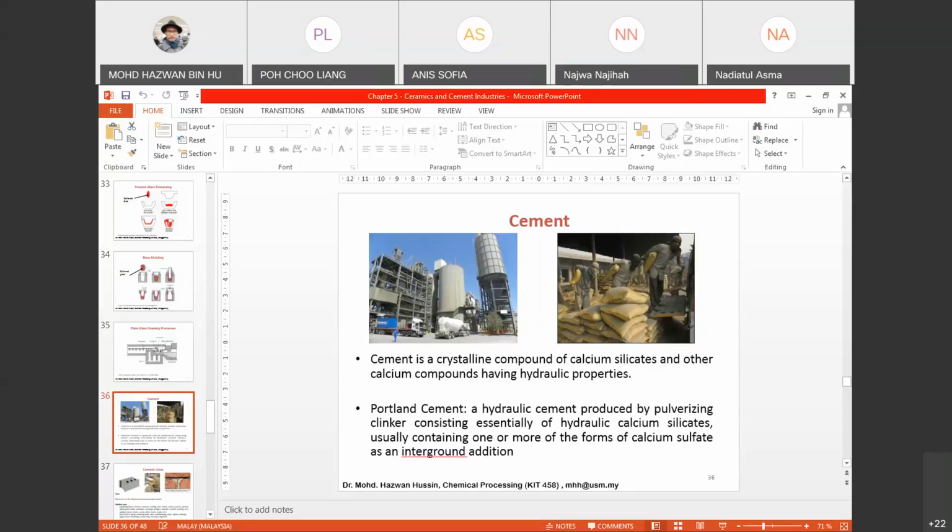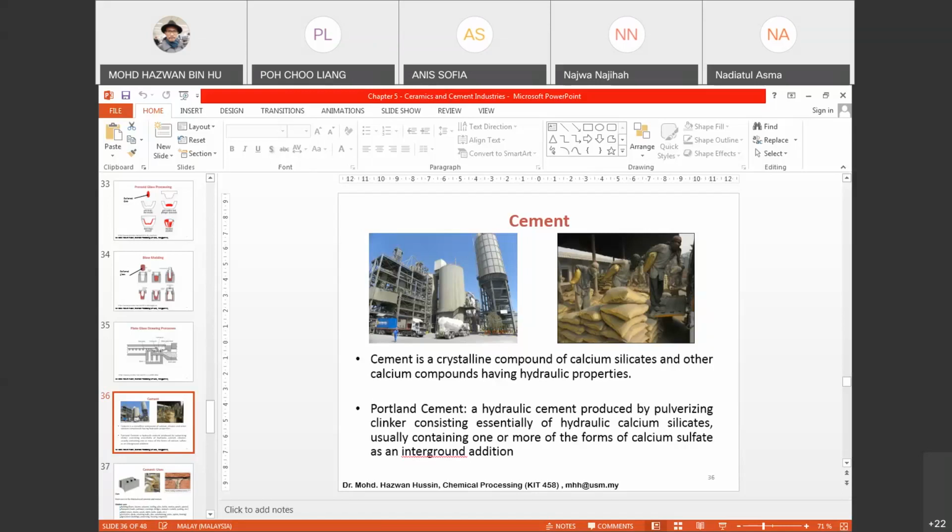So you might have heard about Portland cement. If you go to any hardware shop or see any sack of cement, it's written Portland cement. So what does it mean by Portland cement? Portland cement is basically a hydraulic cement produced by pulverizing clinkers, consisting essentially of hydraulic calcium silicates, usually containing one or more forms of calcium sulfates as the interground addition.